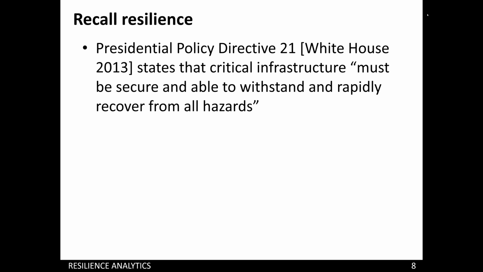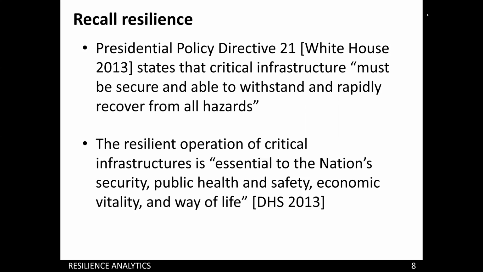Back in the decade of the 2000s, this would have been called an all hazards approach. The government was spending quite a lot of effort in understanding how to respond to not just a hazard, but try to build resilience to multiple hazards. And they refer to it as an all hazards approach. The resilient operation of critical infrastructure is essential to the nation's security, public health and safety, economic vitality, and way of life.